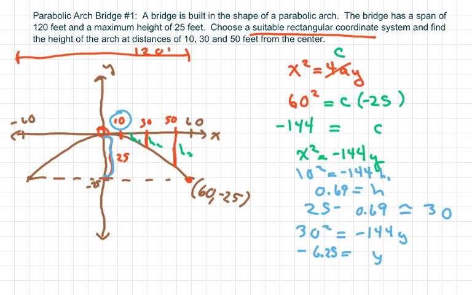Okay, so the height of the bridge at 30 feet is that, and you have to subtract that again from the 25, and you get 25 minus 6.25, and that gives you 18.78 feet.